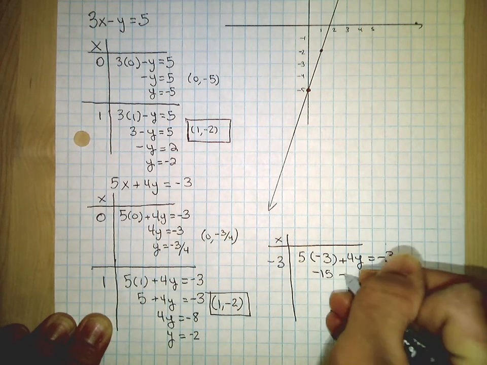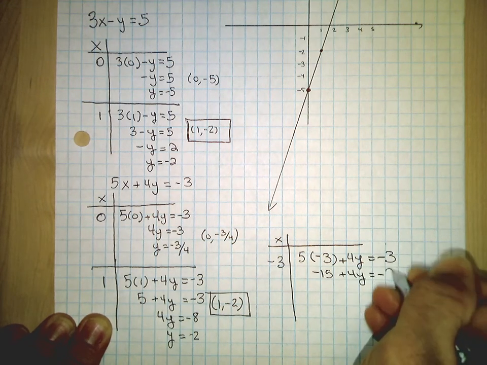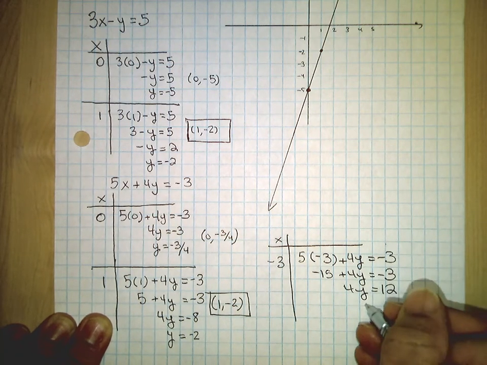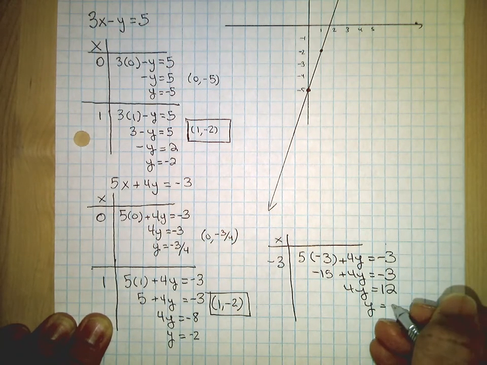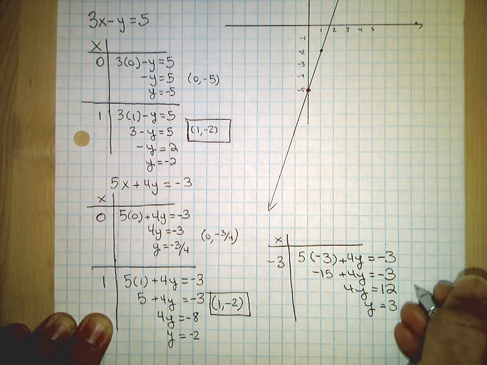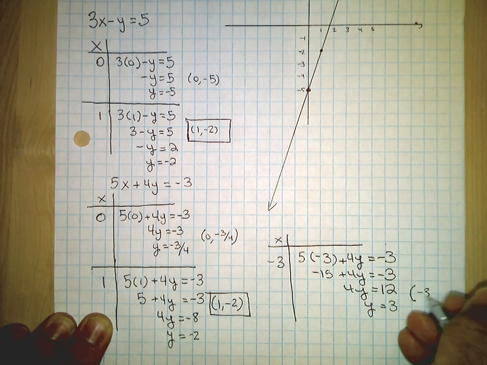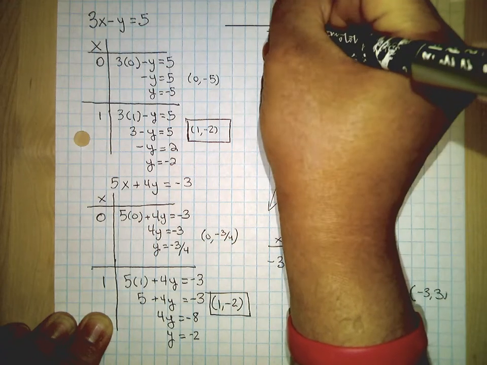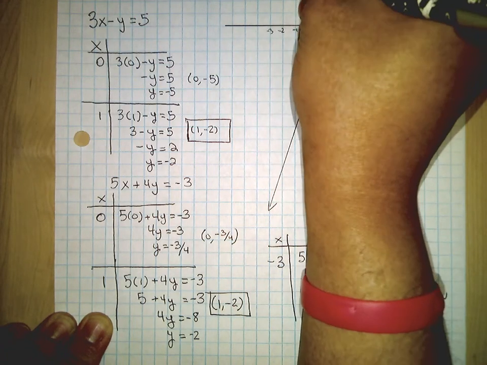So negative 15 plus 4y is negative 3. Add the 15 to get 4y is 12, and then divide by 4 to get 3. So you have (-3, 3) as another point on the graph.